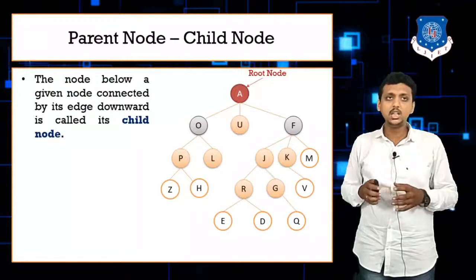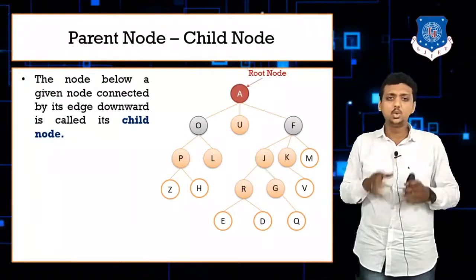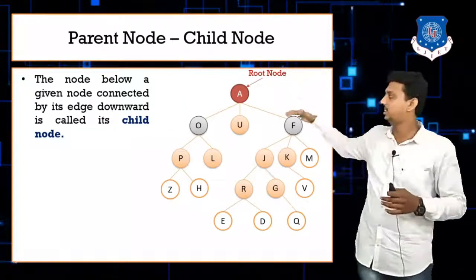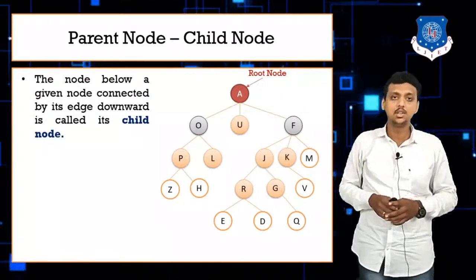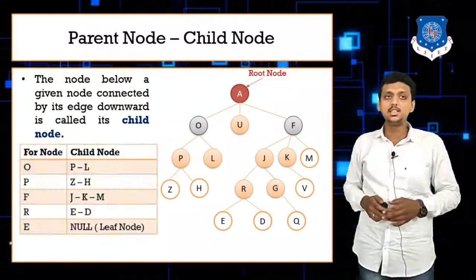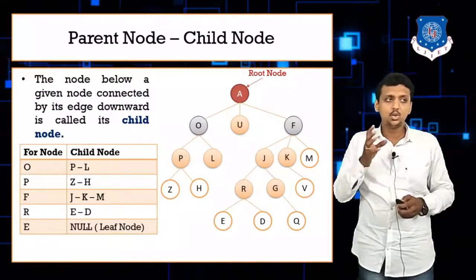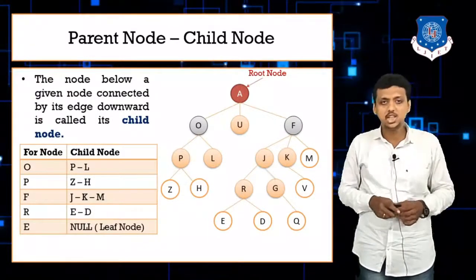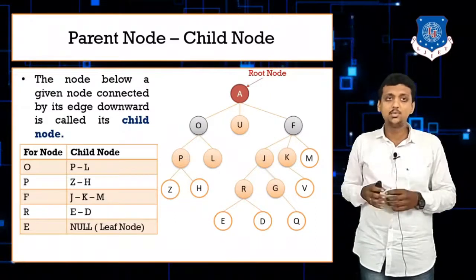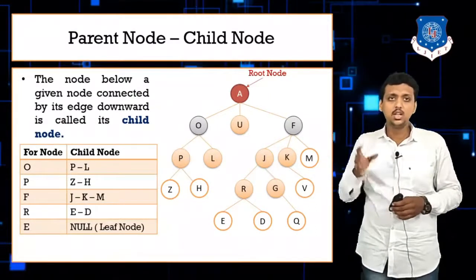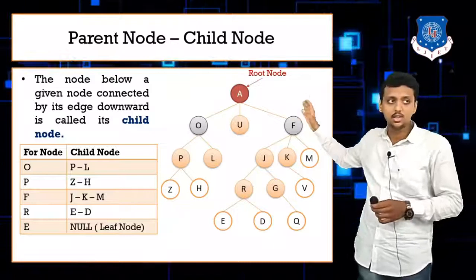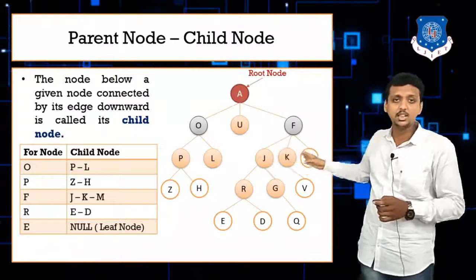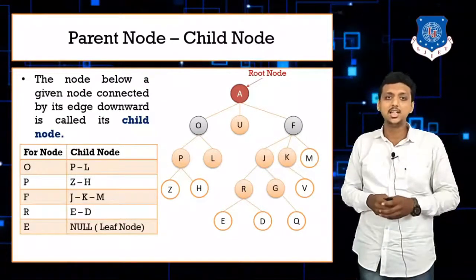Now the next is child nodes. In our tree, each and every node contains a parent node, and in the downward hierarchy, the downward nodes are known as child nodes. Fine. Here if you can see this table, for node O, P and L are known as child nodes. The next, for node F, J, K, M, these all three nodes are known as child nodes.